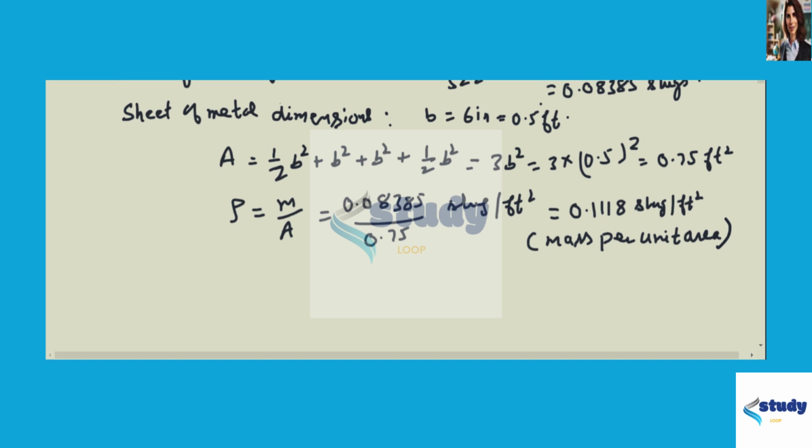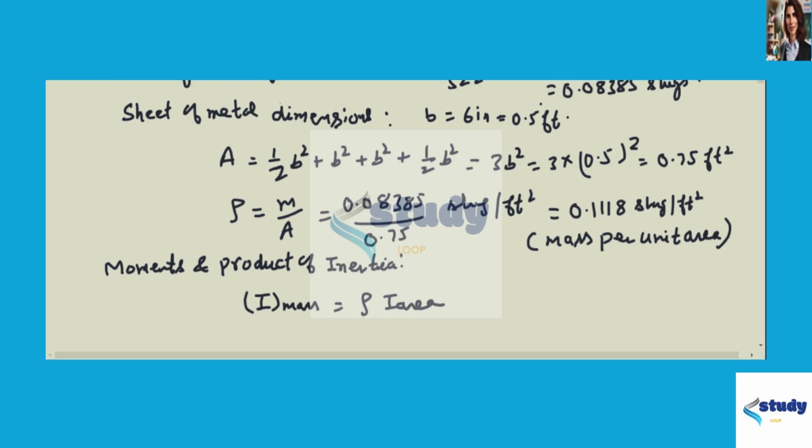Now moments and product of inertia, we will find. Mass can be written as rho into area.